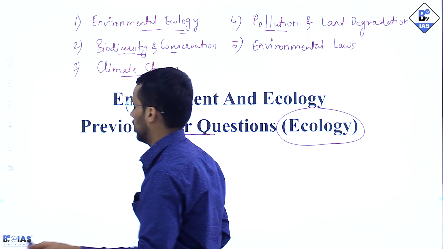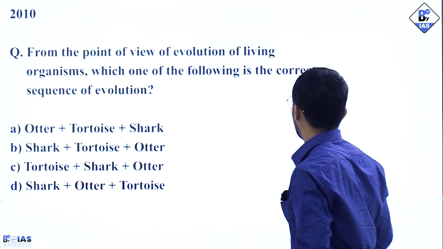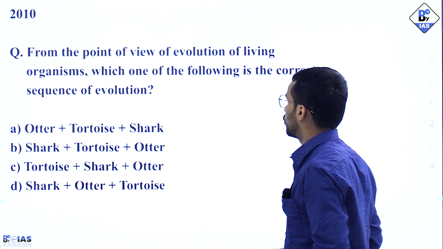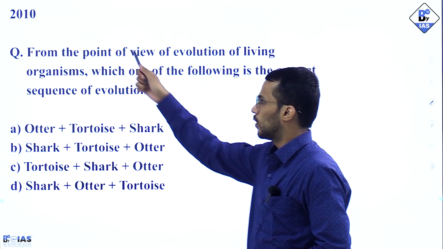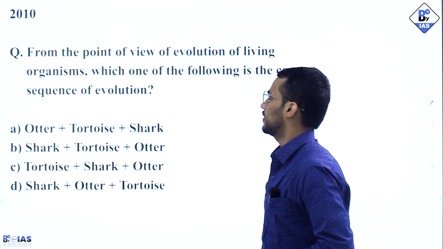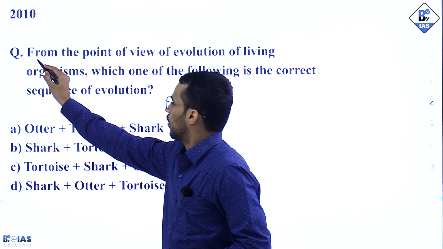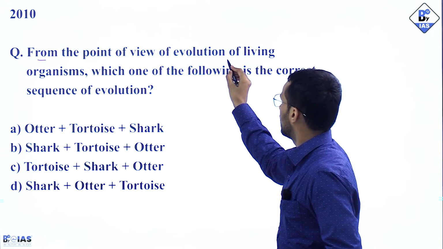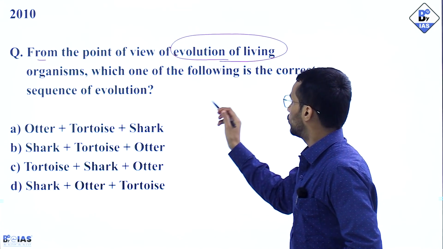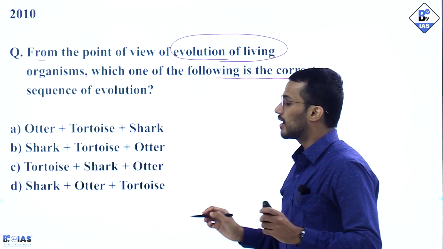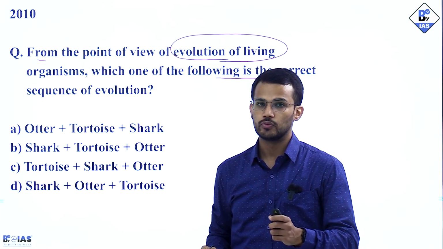The first question is from 2010. And the question is, from the point of view of evolution of living organisms, which one of the following is the correct sequence of evolution?